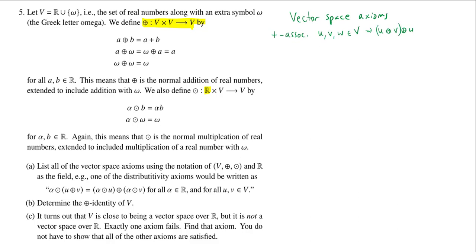What if I do the u and the v first? Somebody else might say, I wanted to do the v and the w first. And associativity would say those are the same.